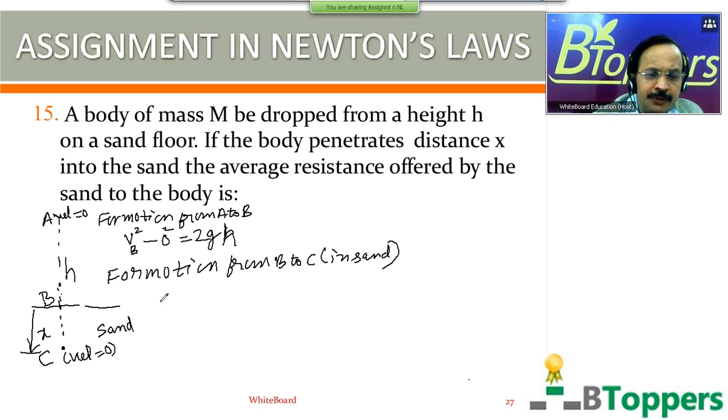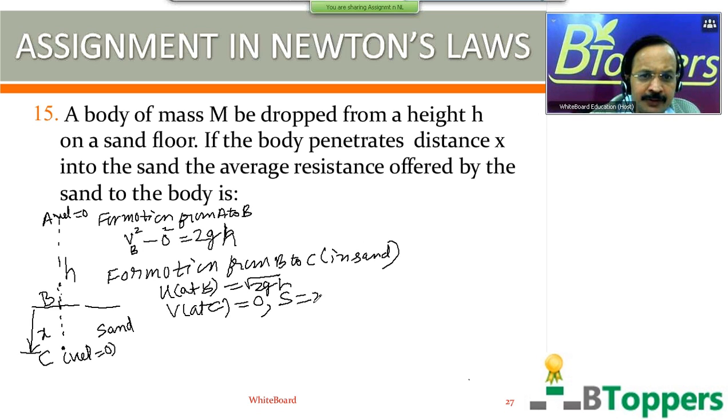So for motion from B to C in sand, the initial velocity at B is equal to root 2gh. Final velocity at C becomes 0 after it travels a distance s equal to x.